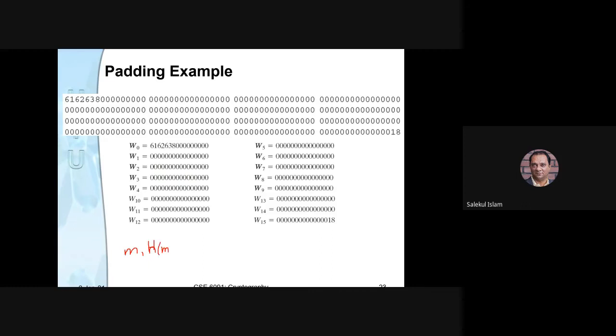But since this is a secured hash algorithm or keyed hash algorithm, when I'm calculating the hash, I am adding some key K here. So now this is being sent.